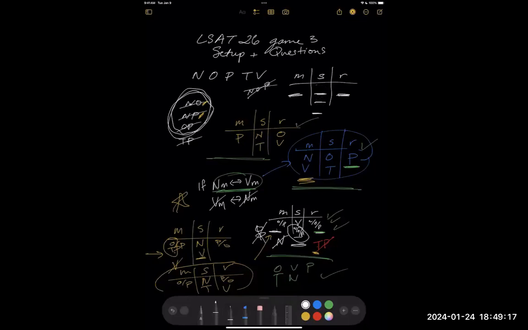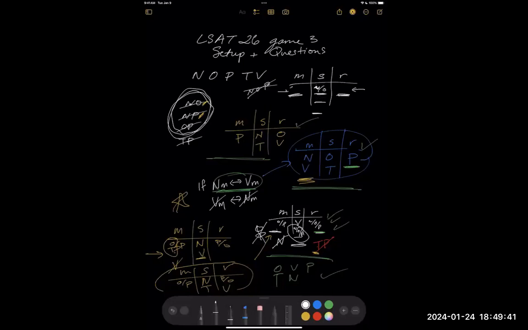None of them can be together. So one of them is going to go to the movies, one of them is going to go to the restaurant. And then for the soccer game, because P definitely can't be there, either N or O is going to be the one of those 3 players that goes to the soccer game.